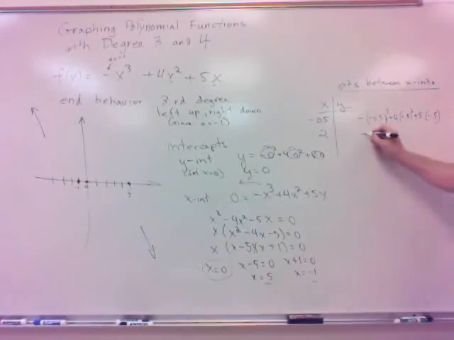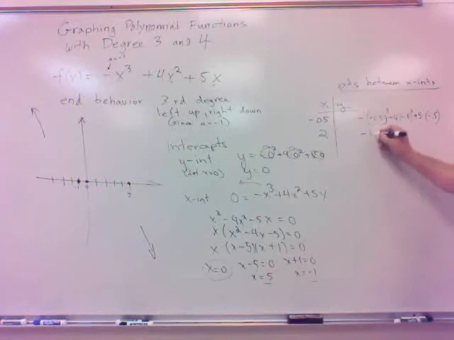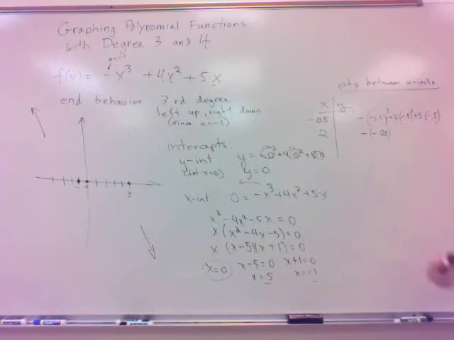Well, do the cubing first, so that's going to be a negative, is it 0.125? This is going to be 4 times, do the square first, so it would be 0.25 positive. And then this will be minus 0.25 when we multiply these two together. I believe that is accurate.